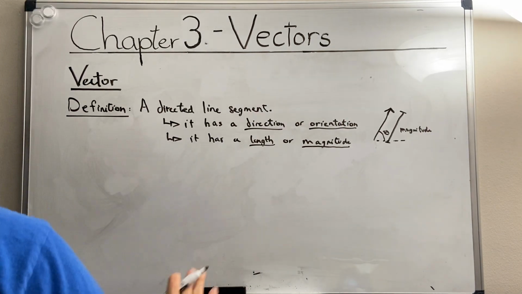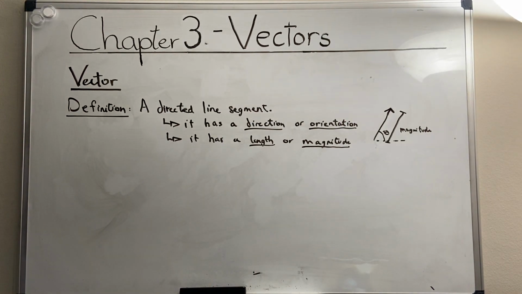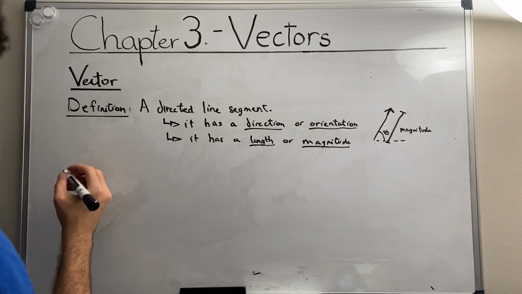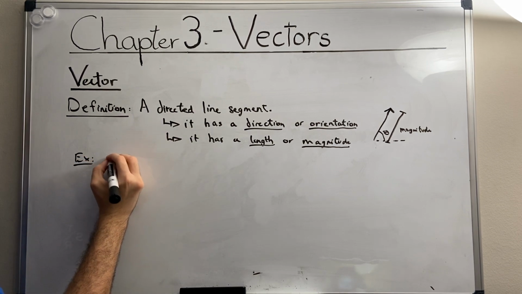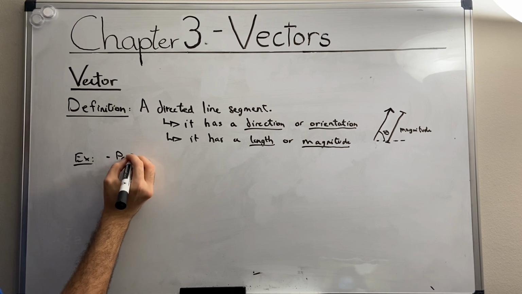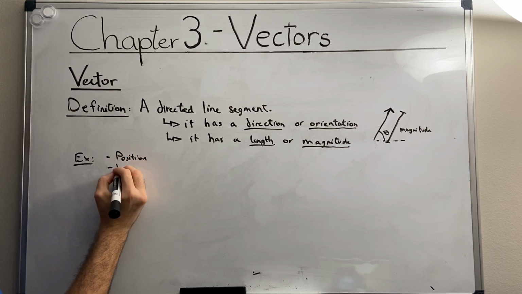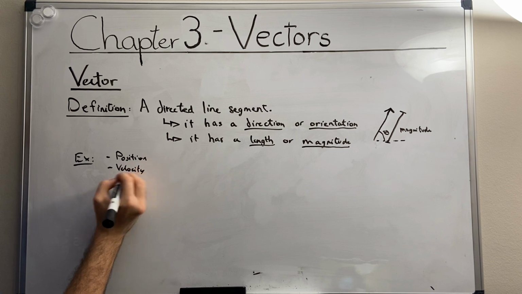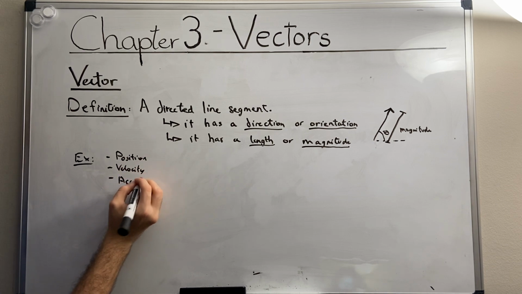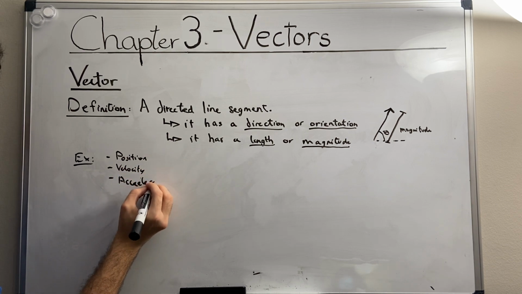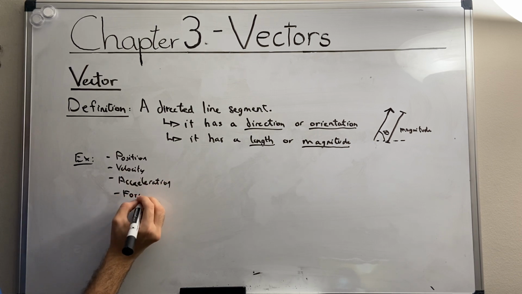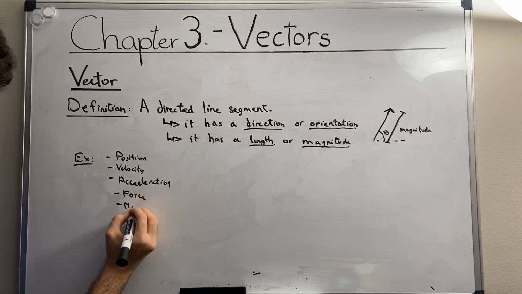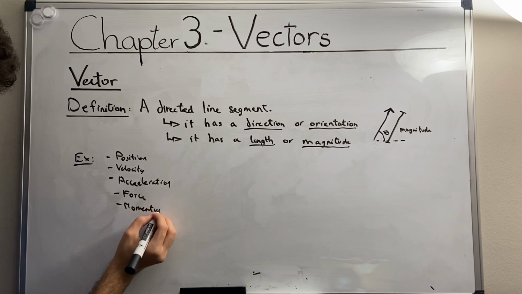So, a few examples of quantities that we can represent with vectors are the following. We have position, velocity, acceleration, force, momentum, all of these, right?